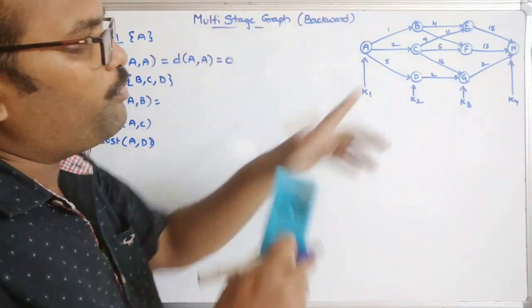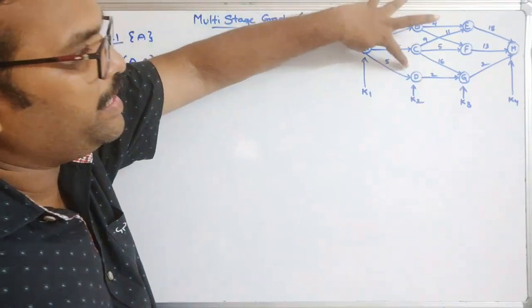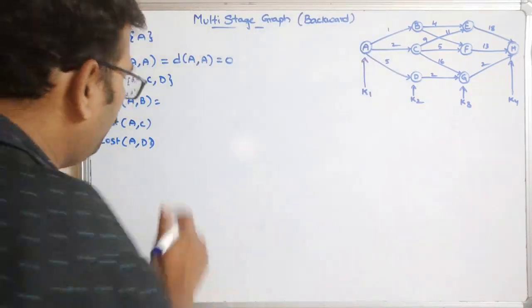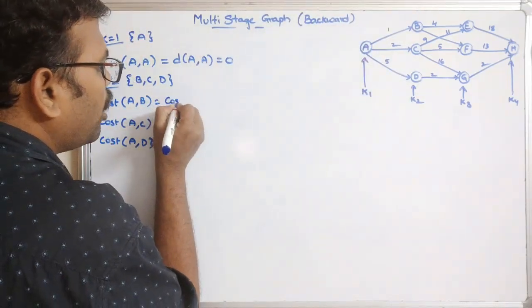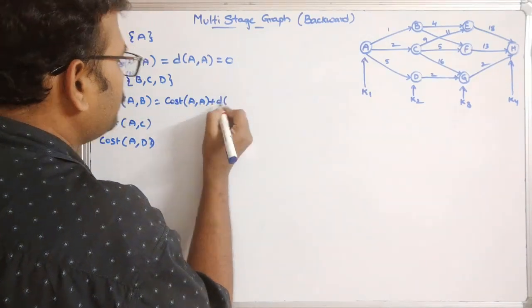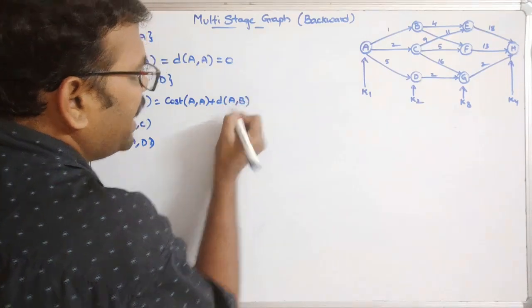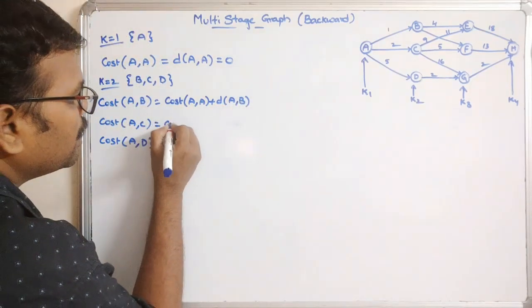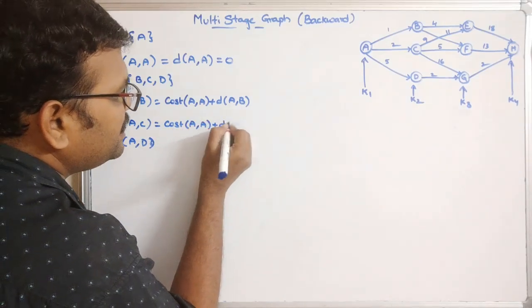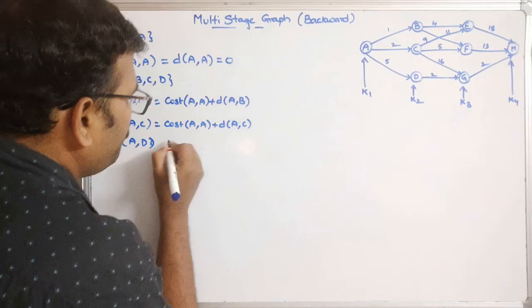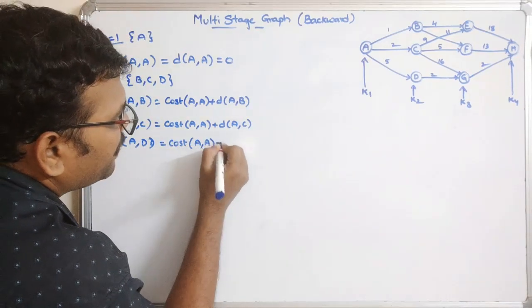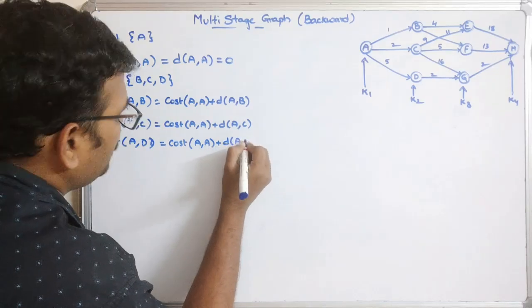Here we have only one incoming edge for each of B, C and D, so we need not take the minimum. Only one calculation will be there: cost of A comma A plus distance of A comma B, that means the edge. Also cost of A comma A plus distance of A comma C, and cost of A comma A plus distance of A comma D.